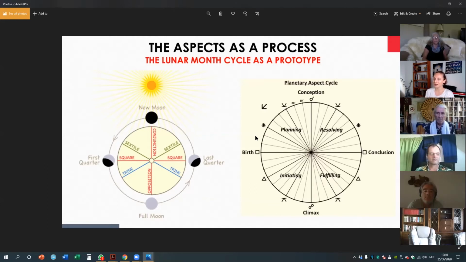Settle down with the person, not just have fun and go places and do things, but the square really asks you, now what? Are you settling or are you separating? Which direction are you going? Asks the square.